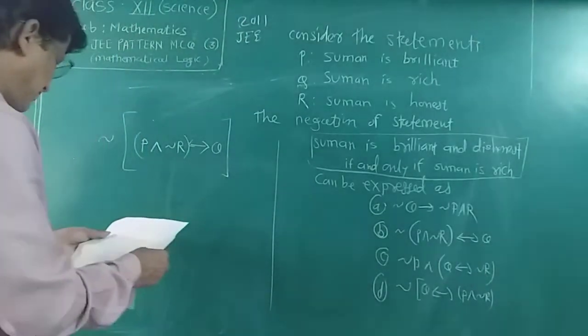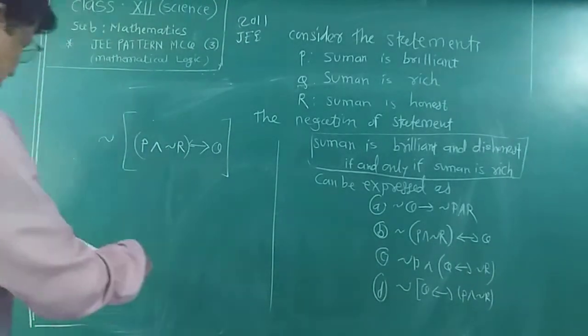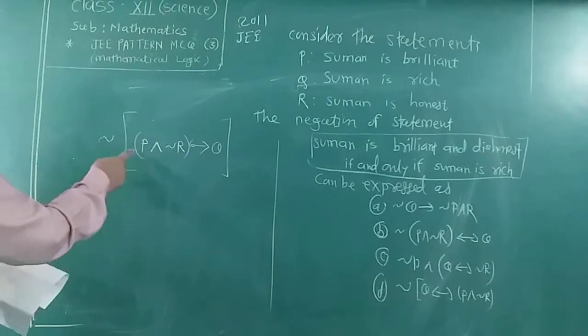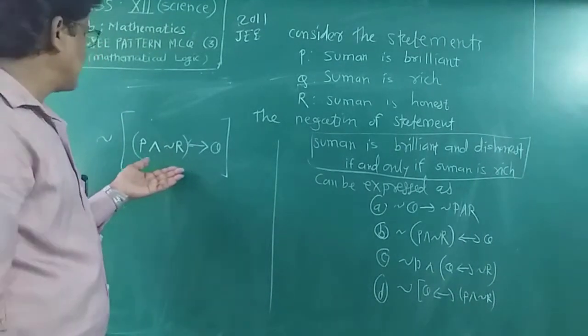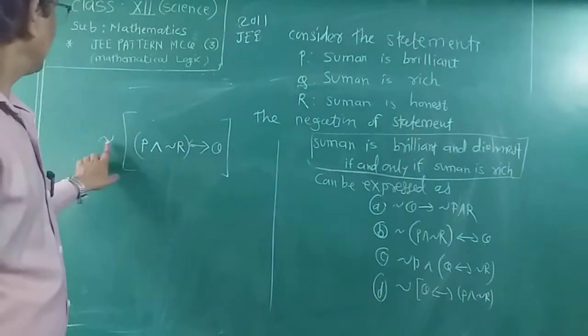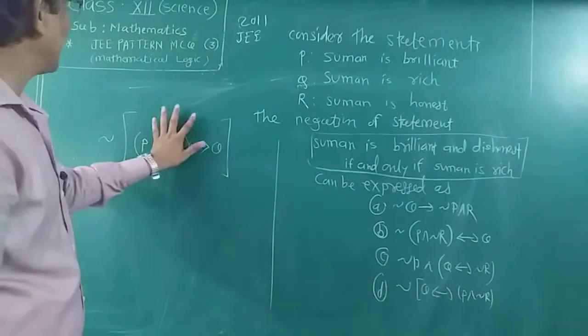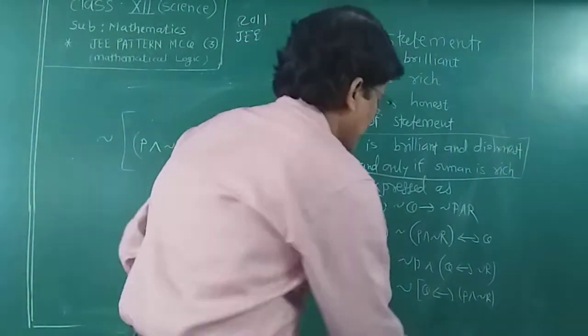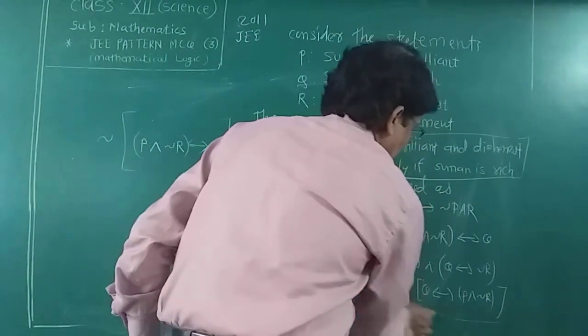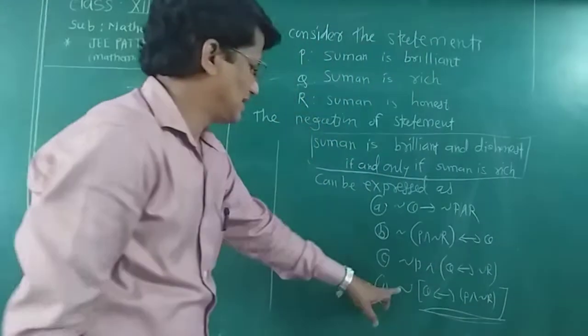What is the negation for this? Thus we do not need to simplify again. Yes, our answer is already ready here. Outside all these brackets there is a negation.